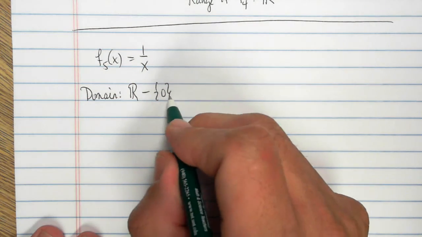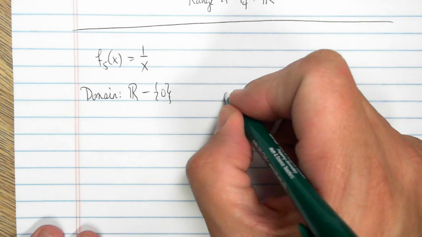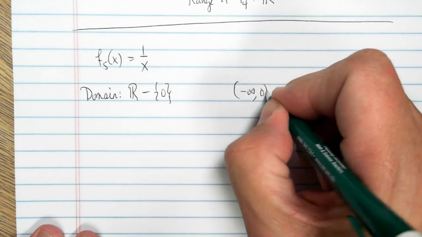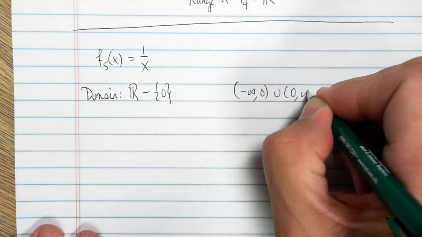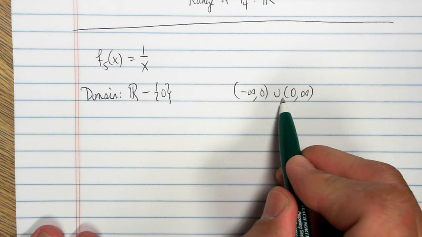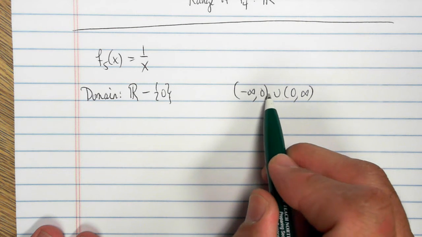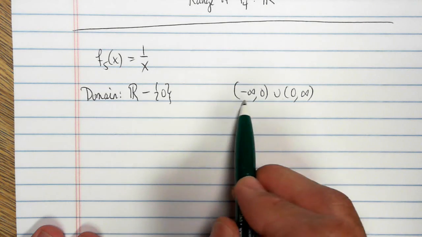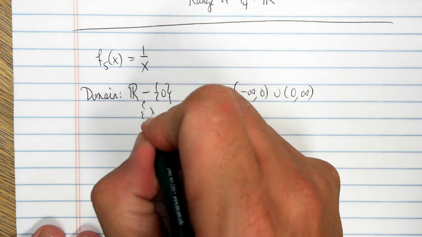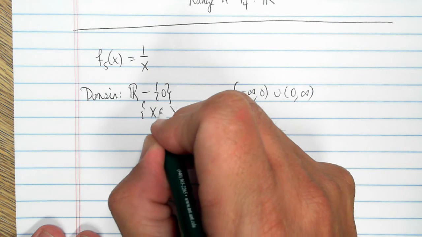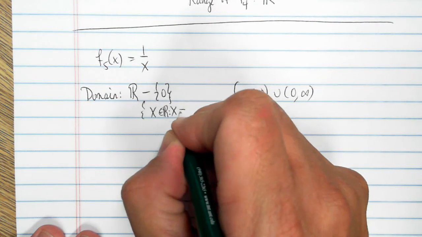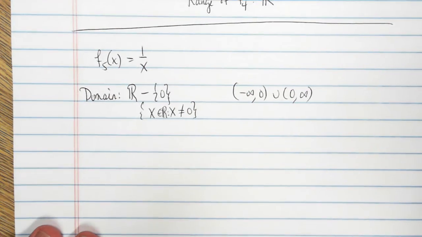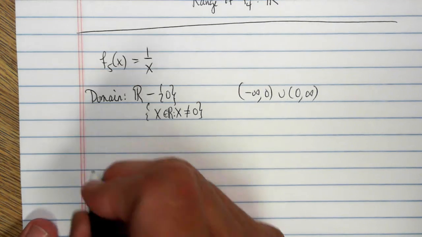Another way of writing this would be -infinity to 0, union 0 to infinity, where I have parentheses here to indicate that 0 is not being included. So writing it like this or writing like this, another way would be to write all values of x that are real, such that x is not equal to 0. That'd be a third way of writing the domain.